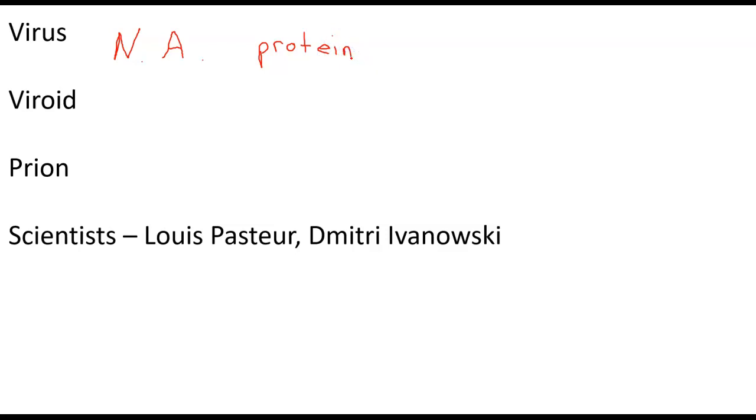Those proteins are primarily the coat, or capsid, on the outside of the nucleic acid. So you have a nucleic acid core and a protein coat or capsid on the outside. Viruses can also have their own enzymes, but mostly they make use of the enzymes inside their host cells.